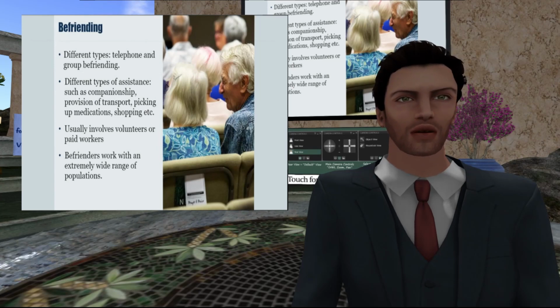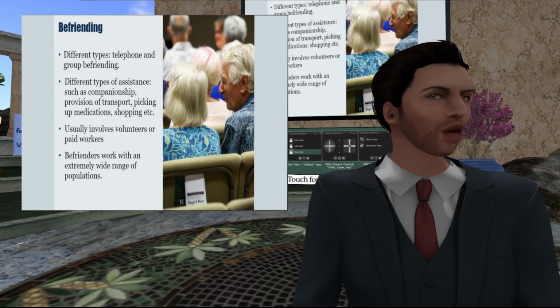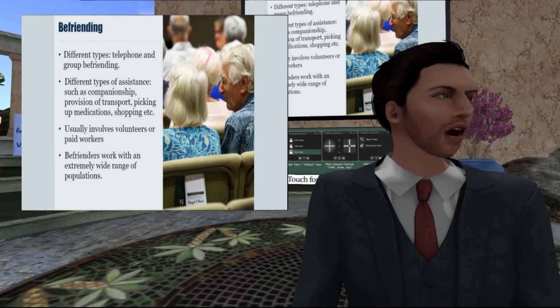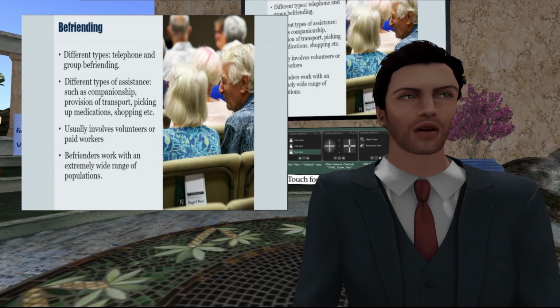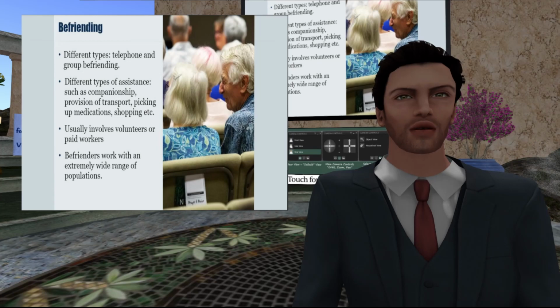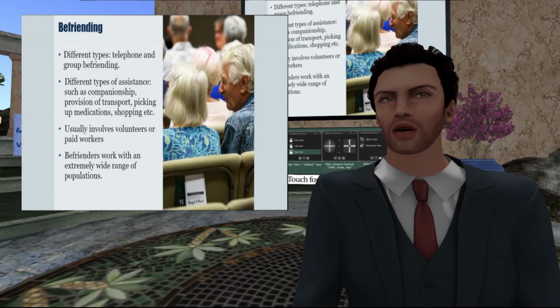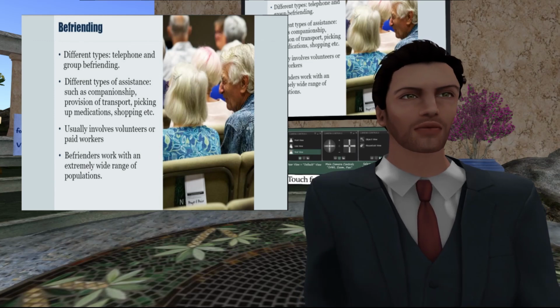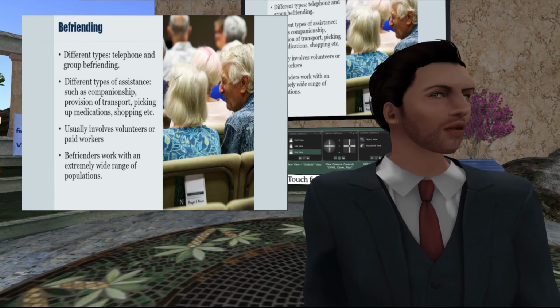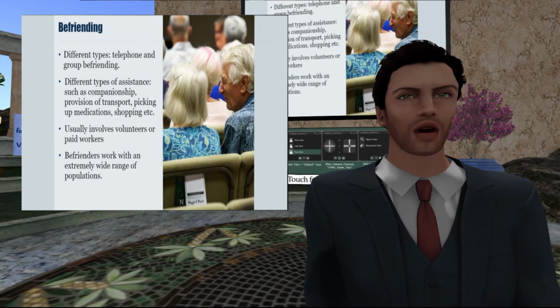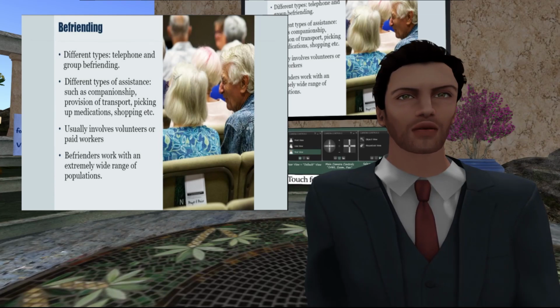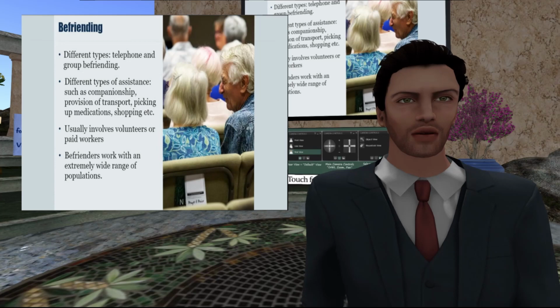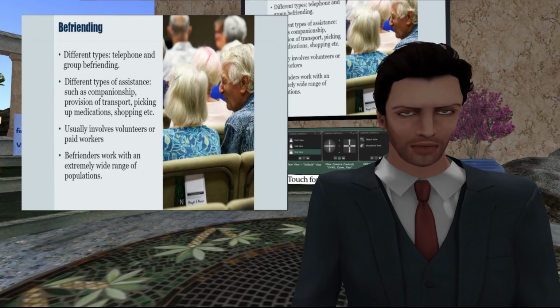Different types of assistance could be companionship, transport, picking up medication and bringing that back. Could be shopping once a week or twice a week. But it requires volunteers mainly, or paid workers. So sometimes these individuals will pay with their pension for these individuals to do these little things.